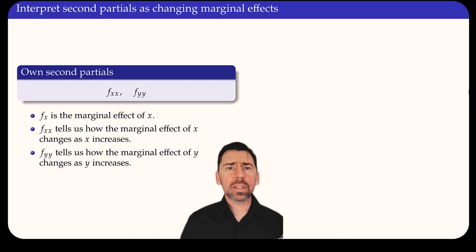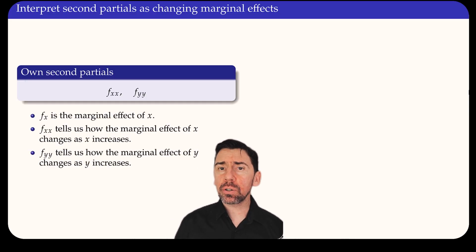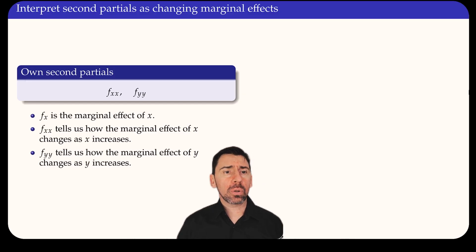How do we interpret the second partials? Well, we can interpret them as changing marginal effects. So let's take a look at the own second partials. F subscript x is the marginal effect of x on f. So maybe that would be like the marginal change in cost, or the marginal change in output, which we call the marginal product.